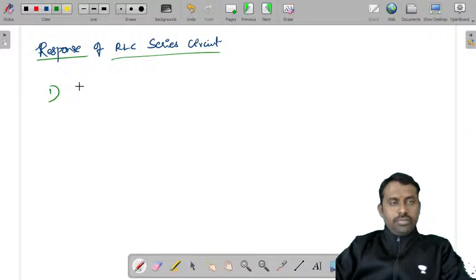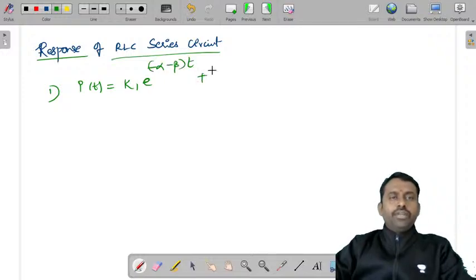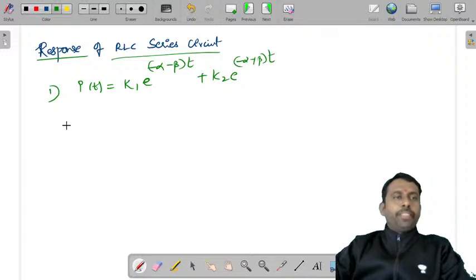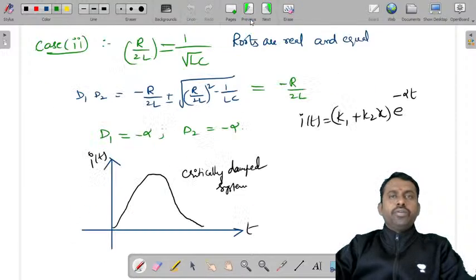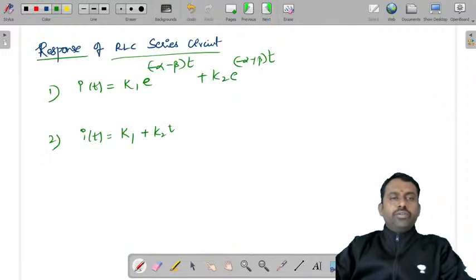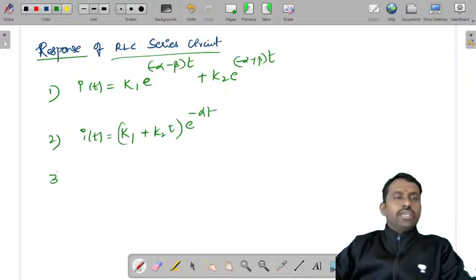One is i(t) equal to k1 into e power minus alpha minus beta into t plus k2 into e power minus alpha plus beta into t. Second, i(t) is equal to (k1 plus k2 t) into e power minus alpha t, where the roots are real and equal.